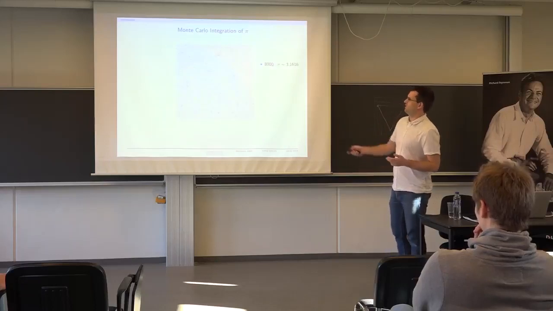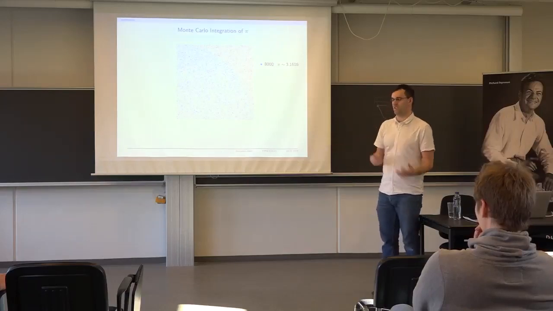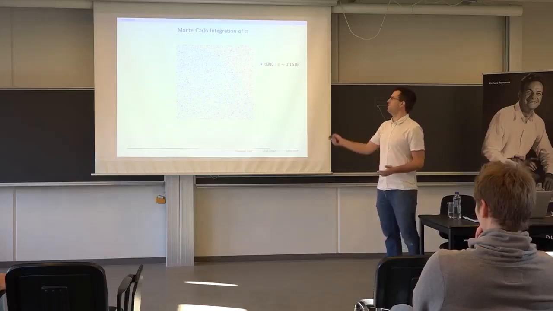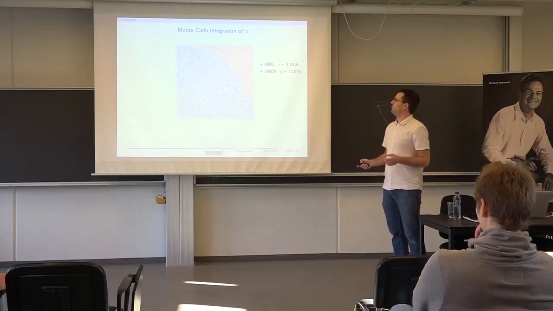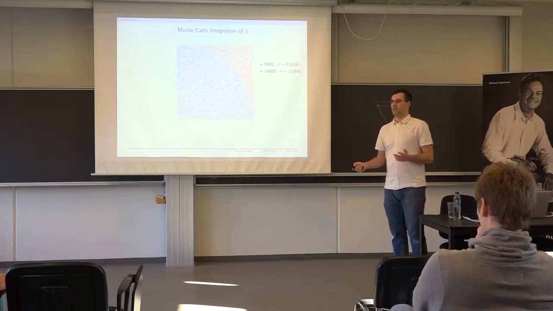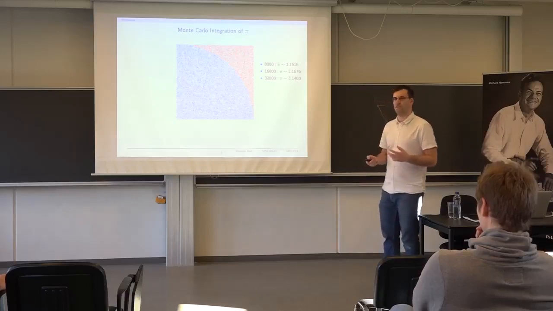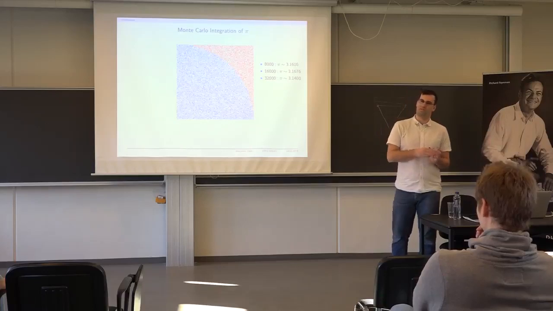So if you use, again, our circle here, the blue points are inside the circle, but the red points are outside. Here I used 8,000 points, and pi comes out to be 1.6, which is still far away, but it will get better. Actually, it gets worse, but this is random numbers, that can happen. It has to get better in the long run, meaning if you take the number of points to infinity.